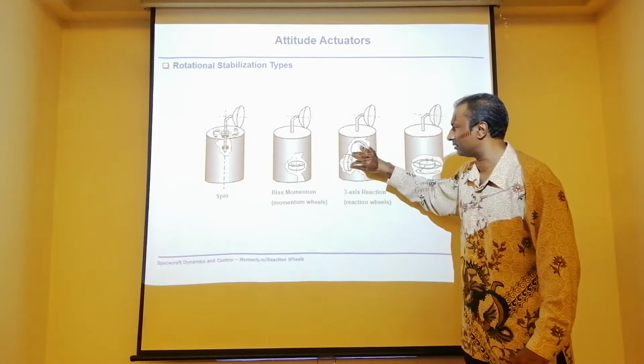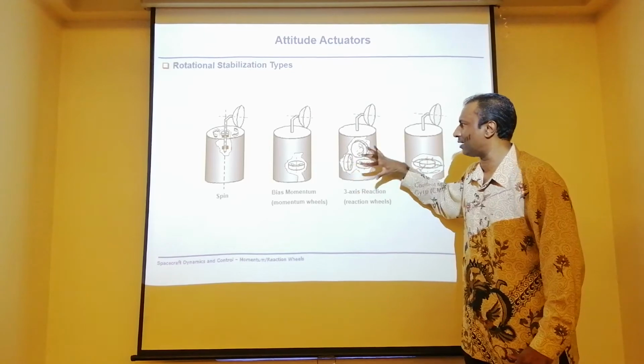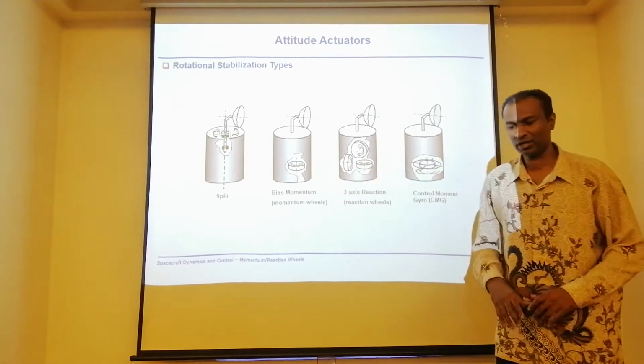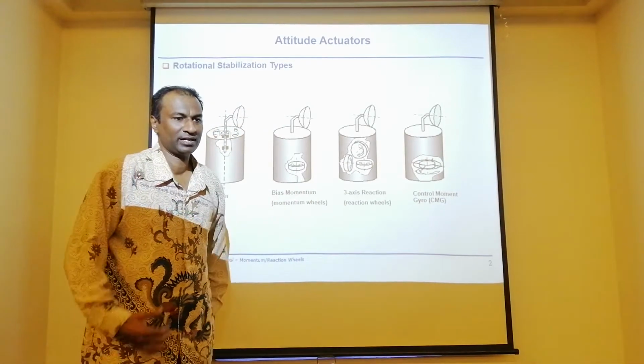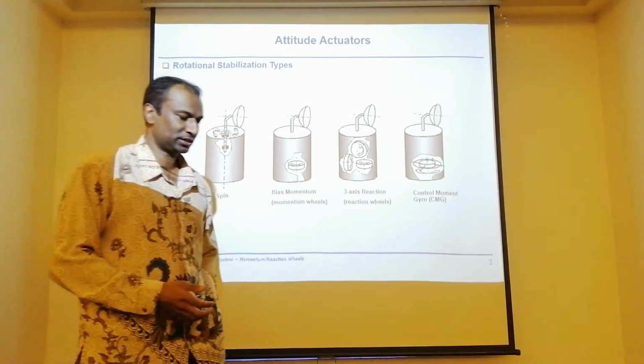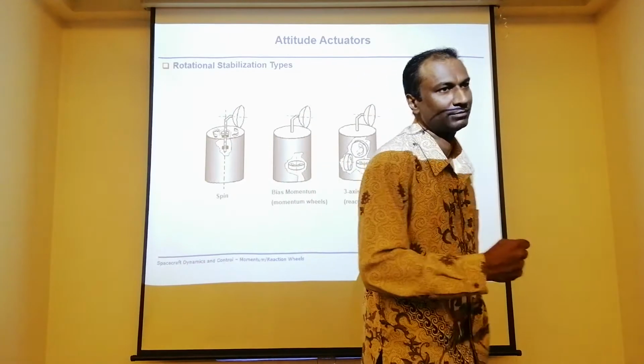You can imagine that the wheels are inside, and outside we should be able to have a cubical satellite. That's why, in the design commonly seen now, more and more satellites are cubical type satellites.